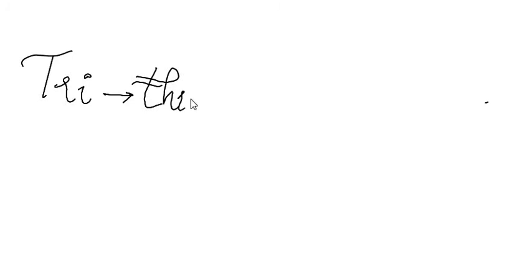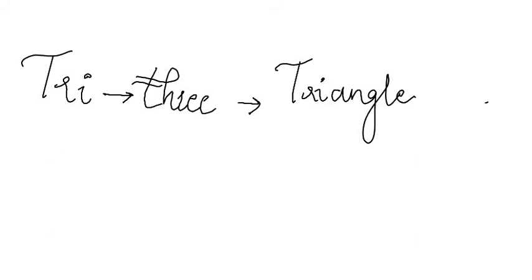So now this one word is quite easy. Tri. Tri always means three. So the best example I can give you for that is triangle. So let's see what's a triangle.